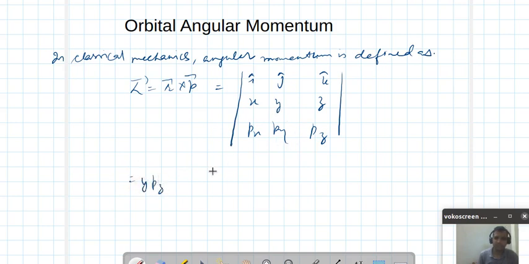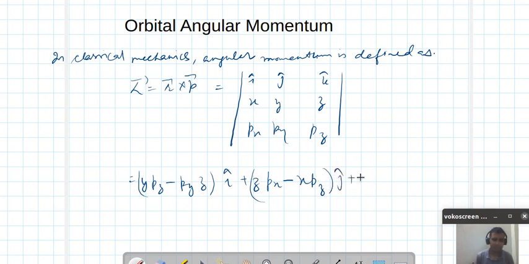(y pz minus pyz), or I can say z py, into i cap, plus (z px minus x pz) into j cap, plus (x py minus y px) into k cap.